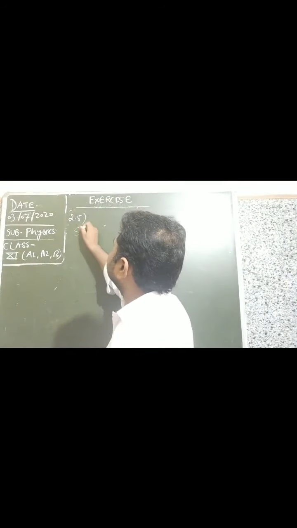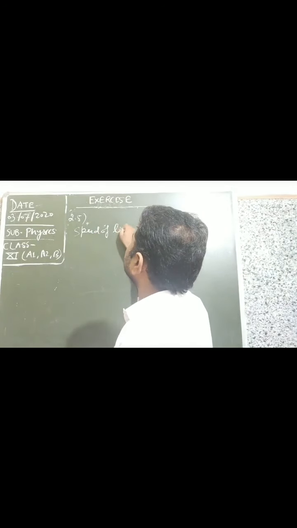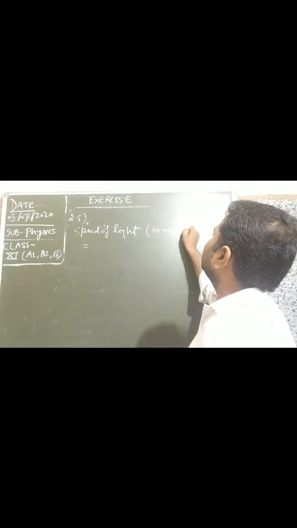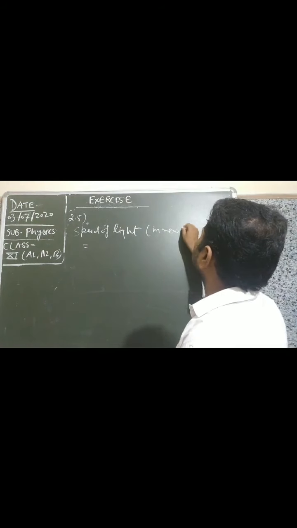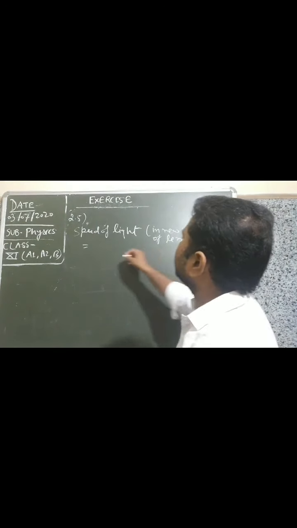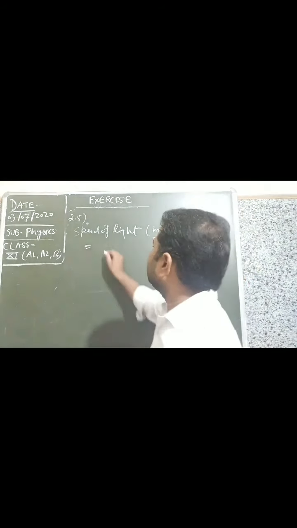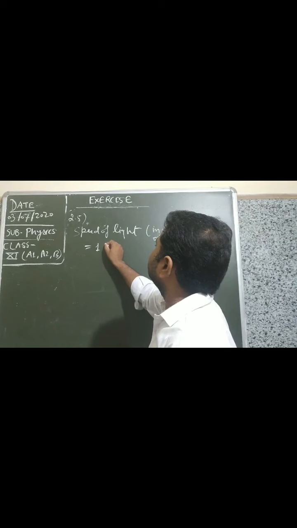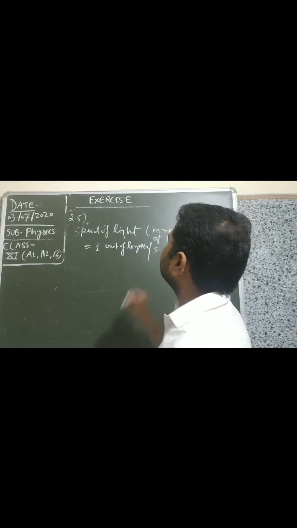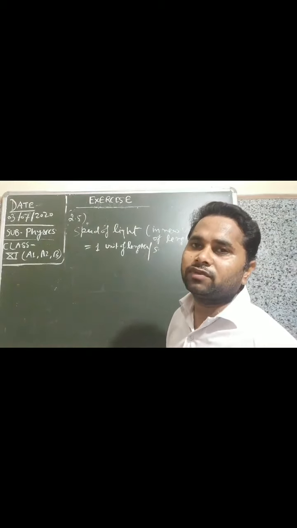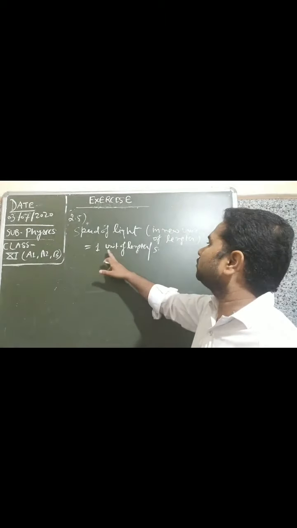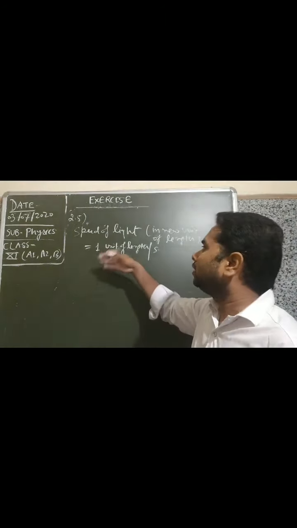So you can write here: speed of light in the new system, new unit of length, equals, it is given unity, so 1 unit of length divided by second, because there is no change in the unit of time, so we write second, but for length it is a new unit, so I am writing here new unit of length.